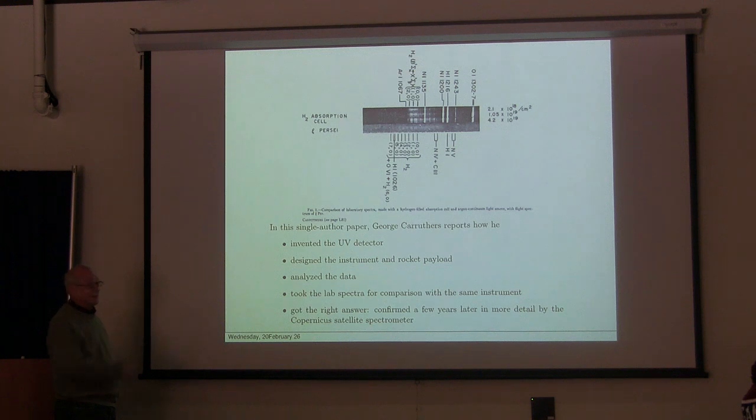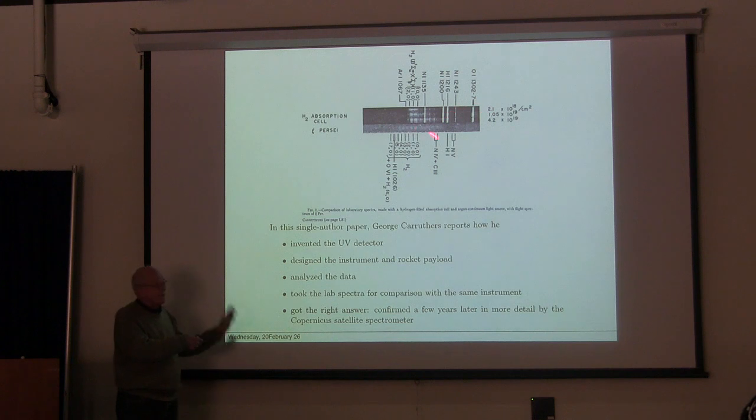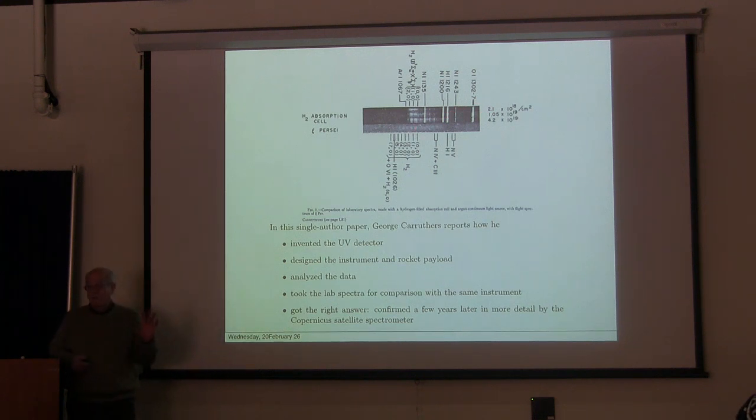This is the data record, and that's the lower spectrum image. It looks a bit faint, and on top of that is a laboratory absorption cell spectrum, and the laboratory spectrum was recorded with the same instrument that later flew on a rocket above the atmosphere.